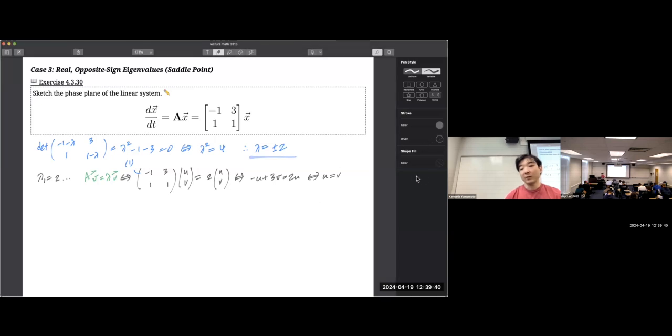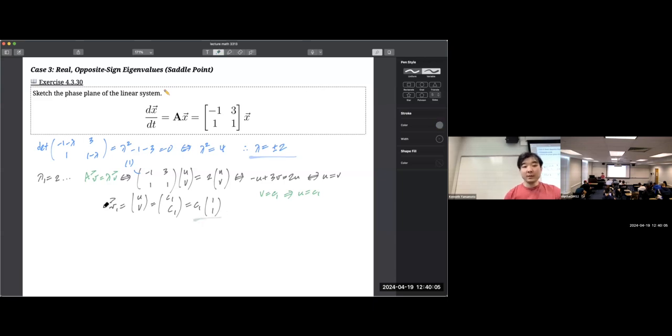One of them is free, so you'll say v is equal to c1, which means u also equals c1. So your eigenvector is built off of u and v, in this case c1 and c1, but you can factor out the c1, and so the eigenvector is 1, 1.